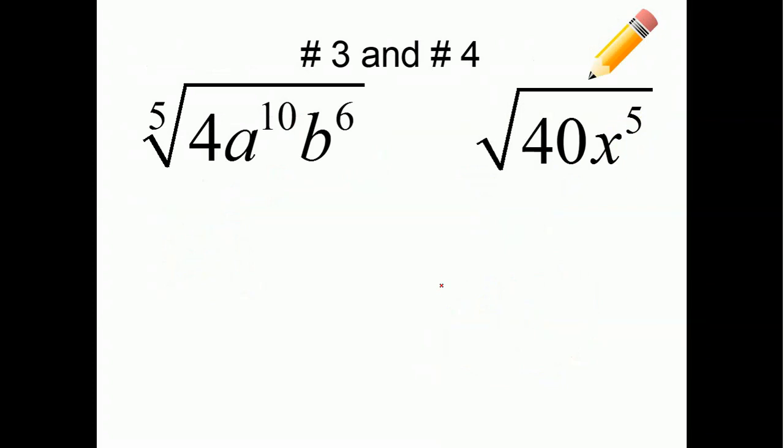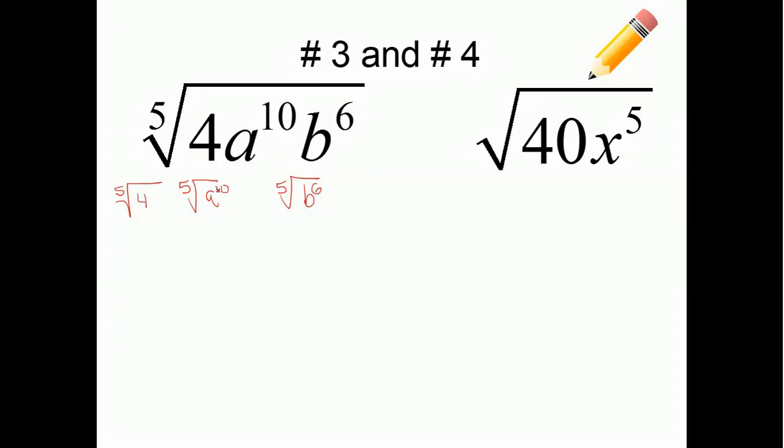Let's try another one. So, break it into its pieces. So, 5th root of 4, 5th root of a to the 10th, and the 5th root of b to the 6th. 5th root of 4, can't do anything about that, so let's just leave that there.